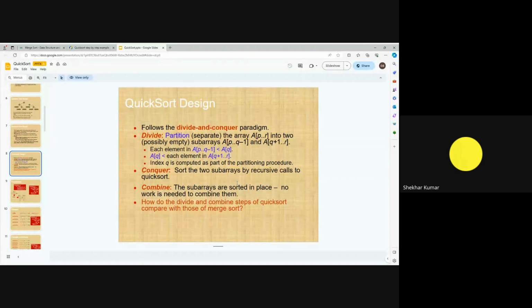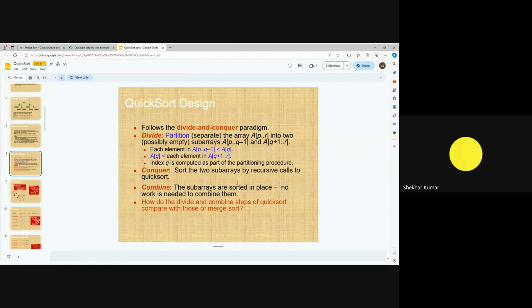All the values in the left part will be less than the pivot value, and all the values in the right part are greater than the pivot value. After the partition, the pivot value will be placed in the correct position. The pivot value can be the last element, first element, or middle element.